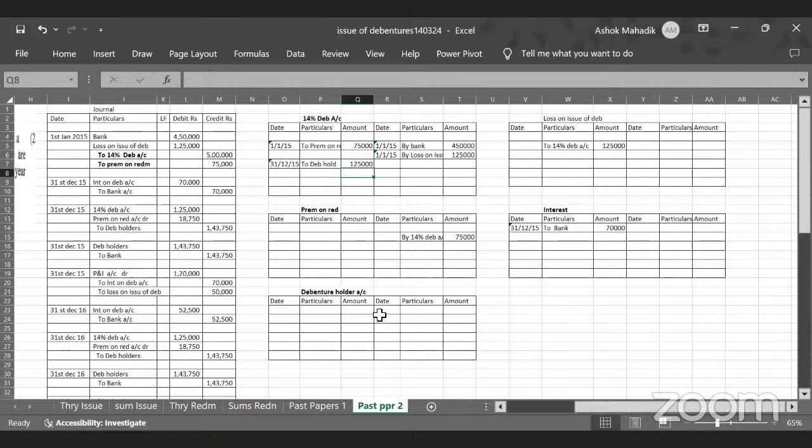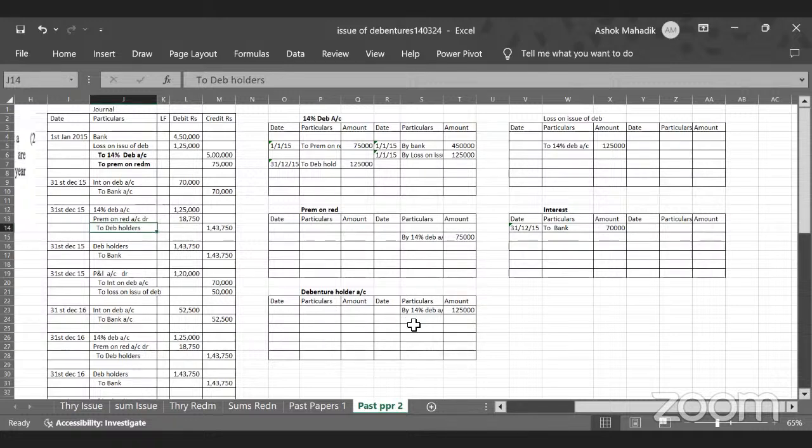In debenture holder, we'll write by 14% debenture account. How much amount? 1,25,000. Clear? So this is what is done. Then in debenture holder, we'll write by premium on redemption.